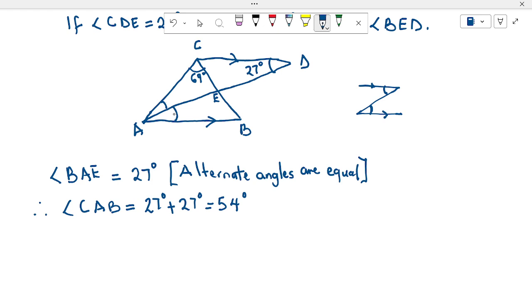If it bisects this angle, we know that angle CAD will be the same as angle BAD. So I'll give my reason as angle CAD is equal to angle BAD.